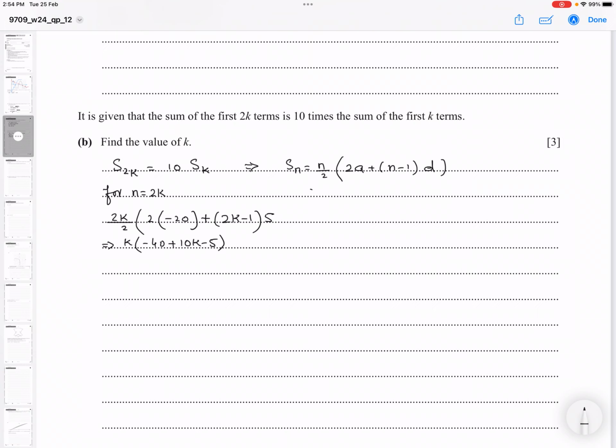So this is equal to 10 times Sk, which means I have to write k in n. Minus 40 plus k minus 1 times 5, and if we simplify this, we get 5k over 2 times minus 40 plus 5k minus 5.